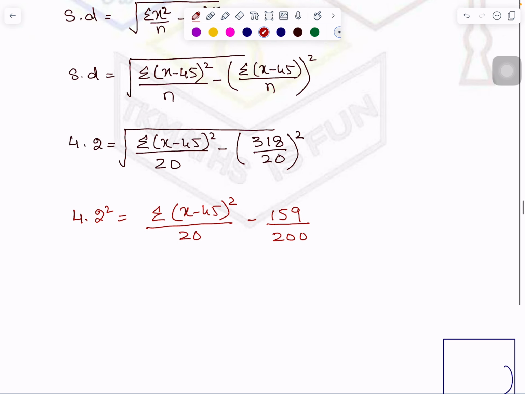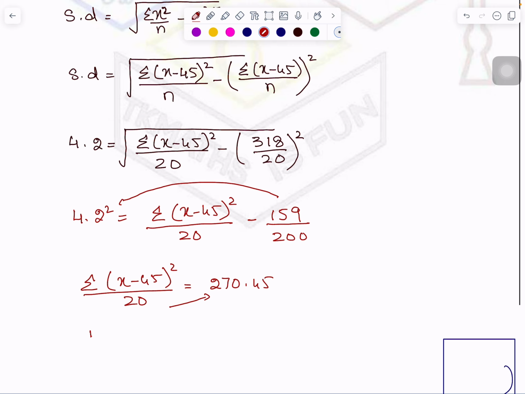Now simple algebra: I take this value and add it over here, so it becomes sigma (x minus 45) squared over 20 equals, using the calculator, 270.45. So I will multiply by 20: 270.45 times 20 is 5409. So this is how I get my answer.